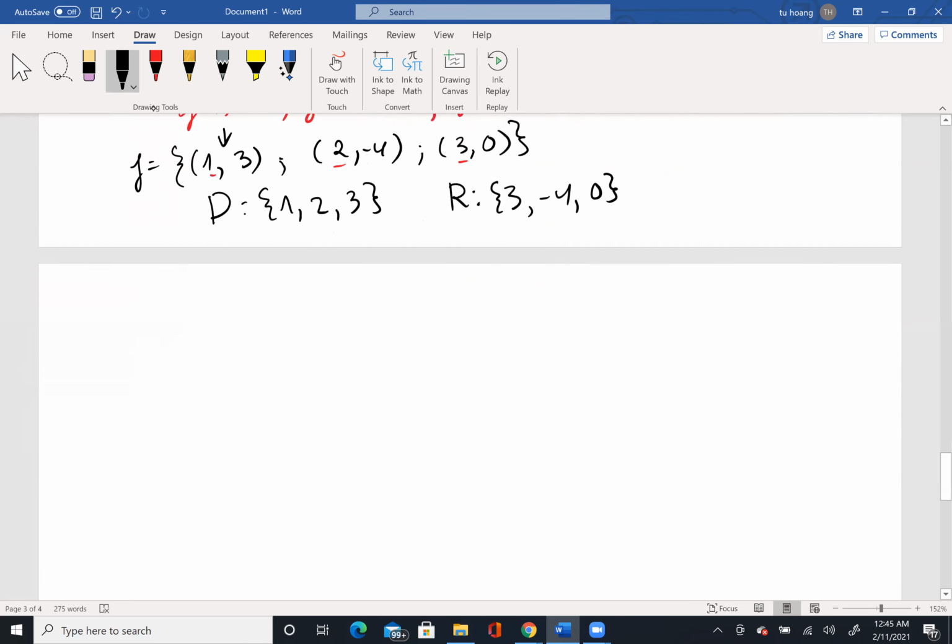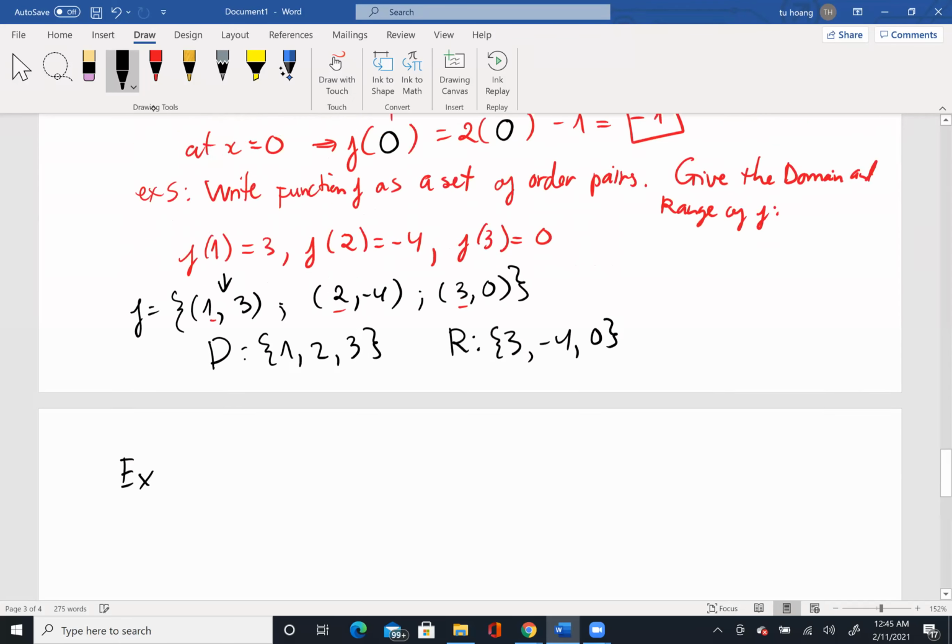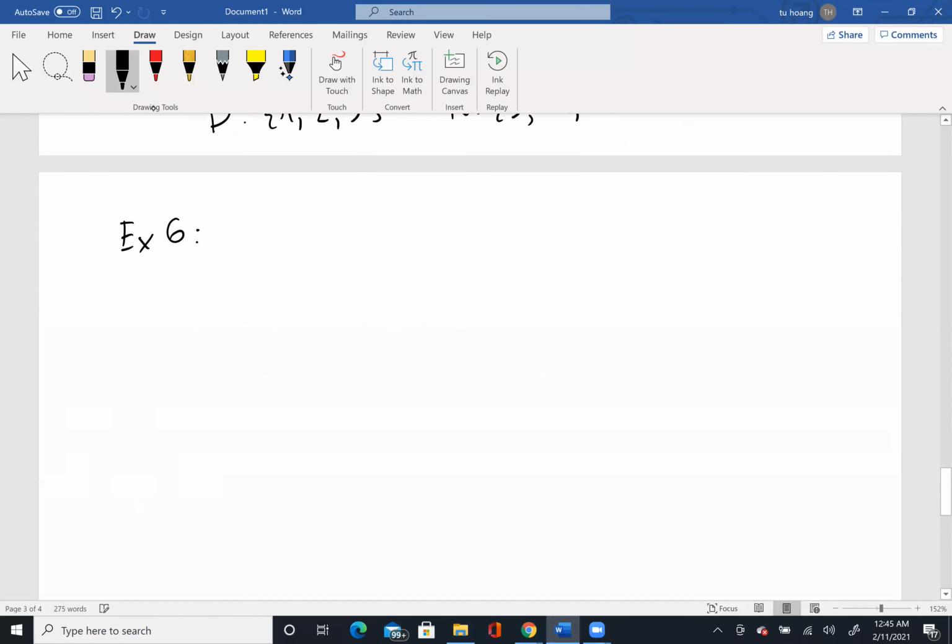Let me move that. And there's another example. Example 6. If I ask you to sketch a graph of f, let's say f of x equal to negative x plus 3. How can you sketch this one? Okay. So firstly, you need to have a t-table.